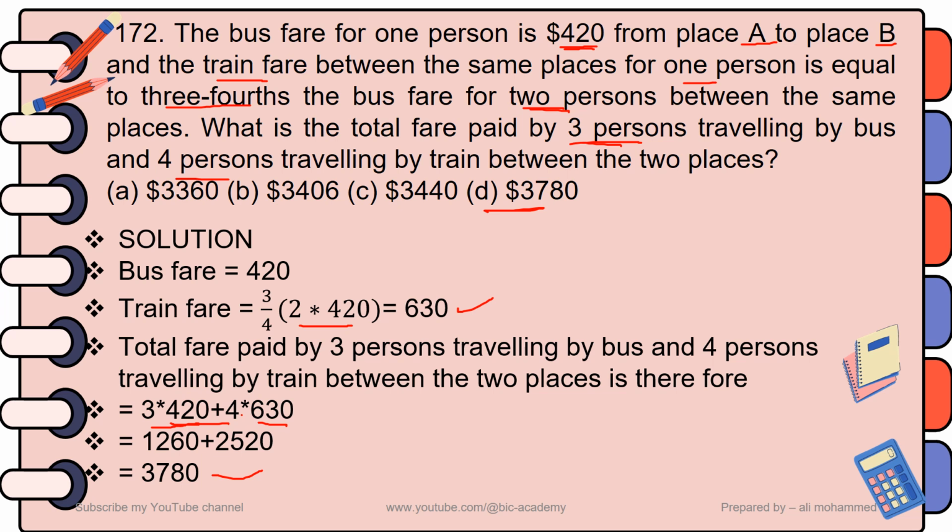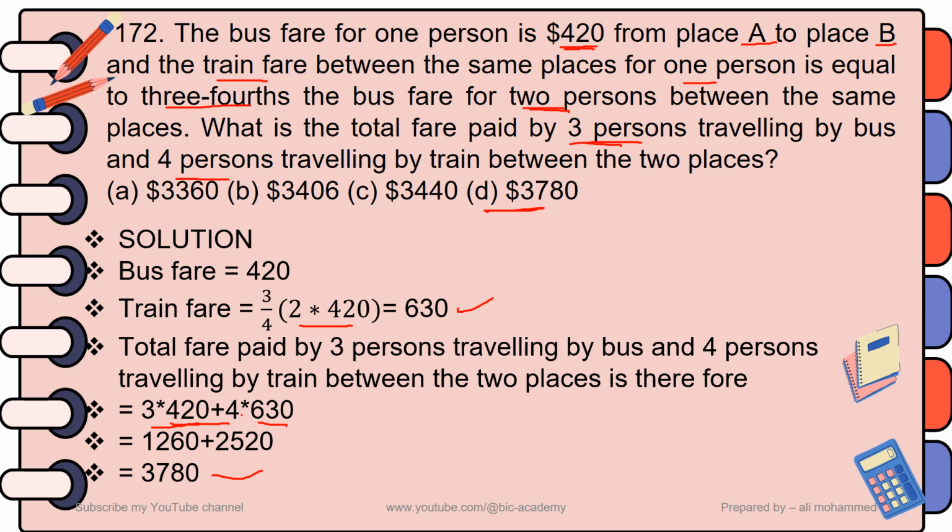Anyways, from this question, you are given first the information on the bus fare, and the bus fare is 420 between the two places for a person. And what is given here is again the train fare between the same places for one person, and it is equal to 3/4 the bus fare for the two persons between the same places.